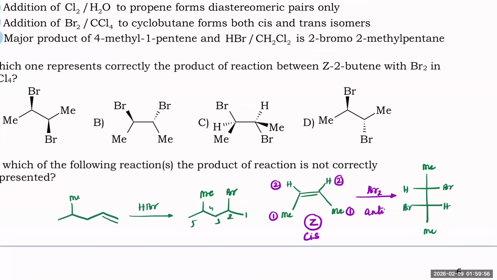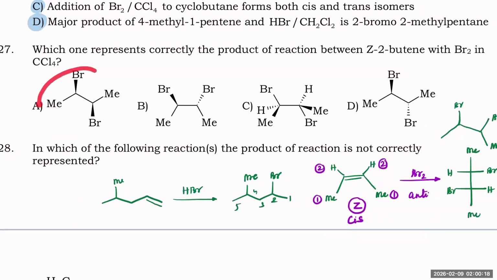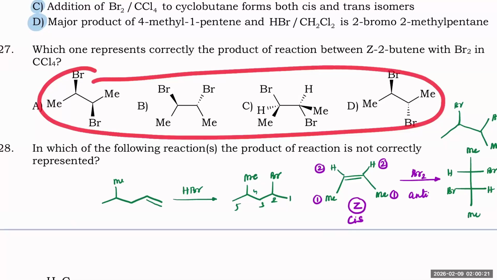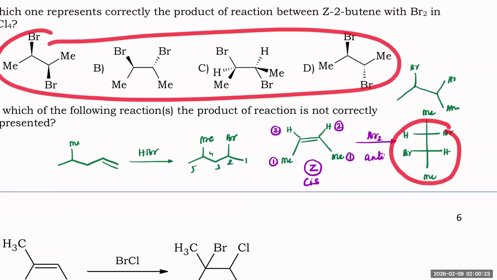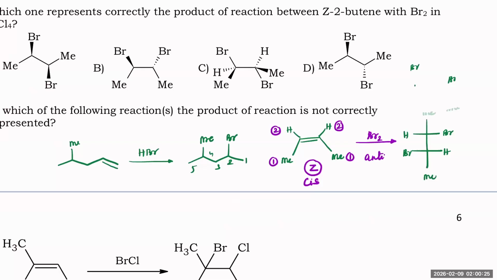If you put it back into the Newman projection, we will have methyl and methyl here with Br and Br on the same side. This is how we expect. Now you have to check whether all four diagrams match this Fischer projection or not. That's the part you need to check. So let's see how we can do that.